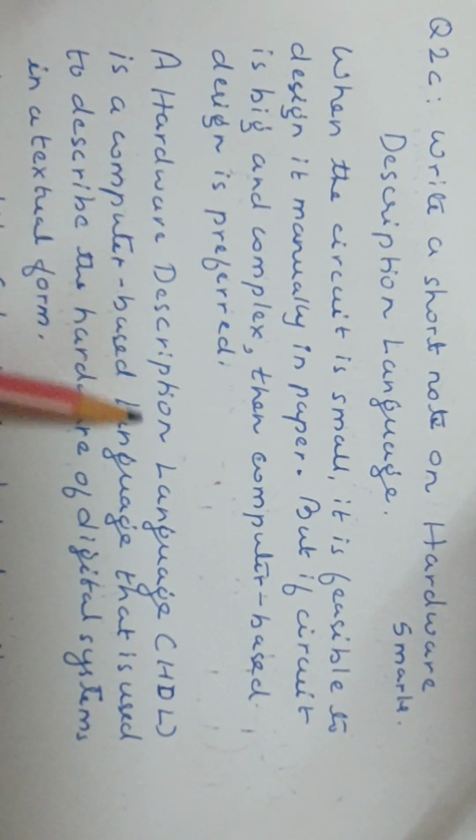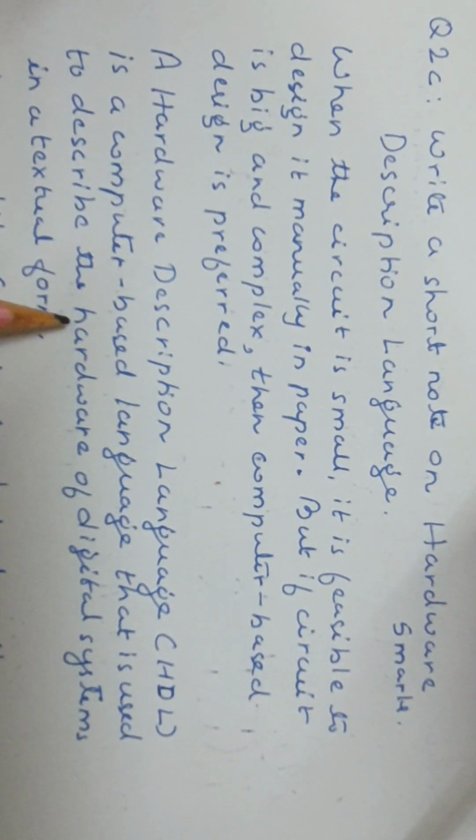A hardware description language, that is HDL, is a computer based language that is used to describe the hardware of digital systems in textual form. So digital circuits we can draw. They will contain logic gates: AND, OR, NOT, NOR, NAND, then XOR, XNOR.